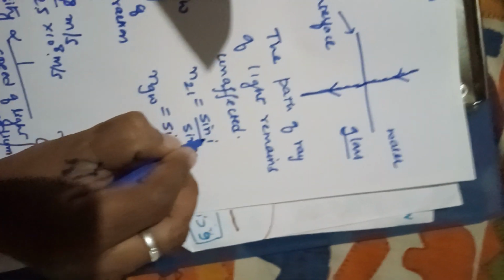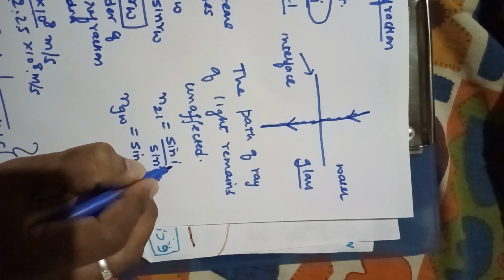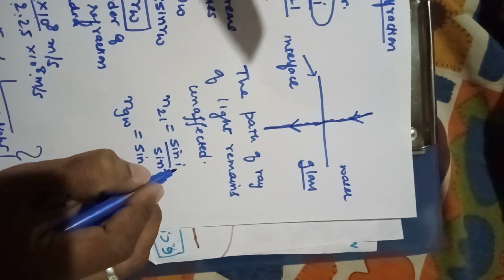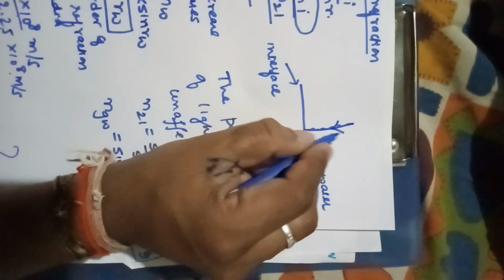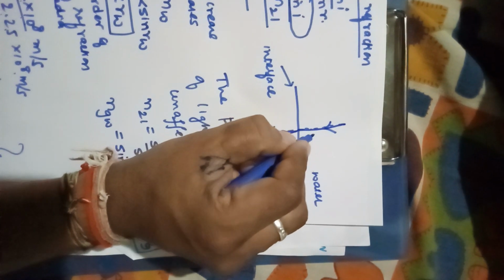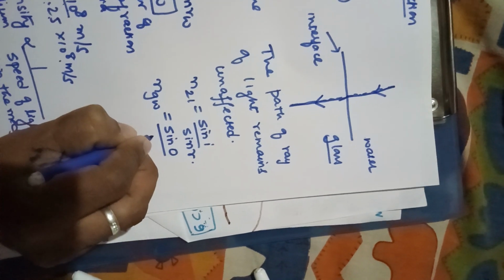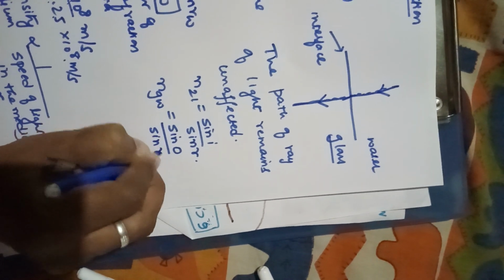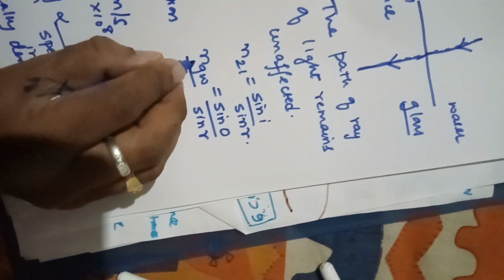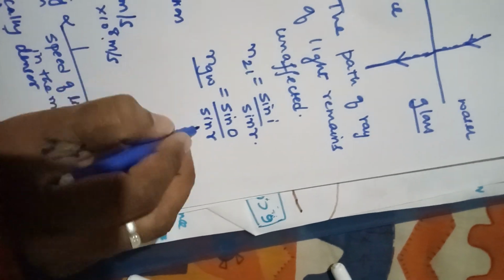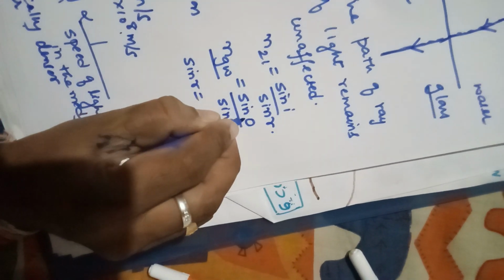Now we know i represents angle of incidence, and angle of incidence is the angle between the normal and the incident ray. Because the incident ray is coincident with the normal, angle of incidence will be 0, divided by sin r. Now refractive index of glass with respect to water cannot be 0.